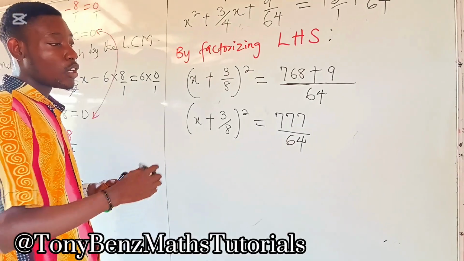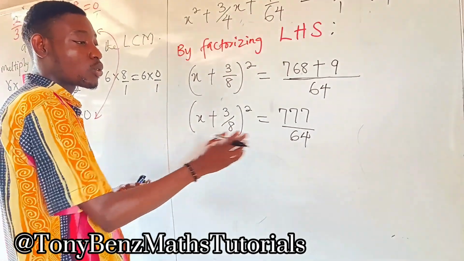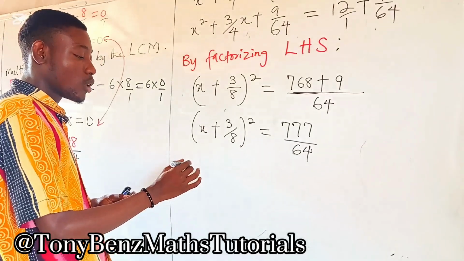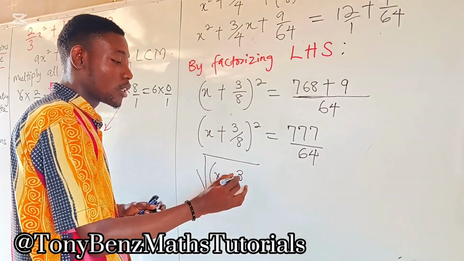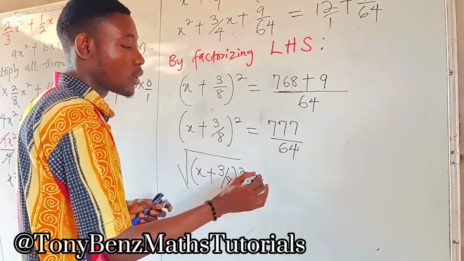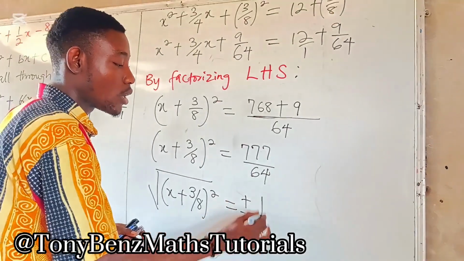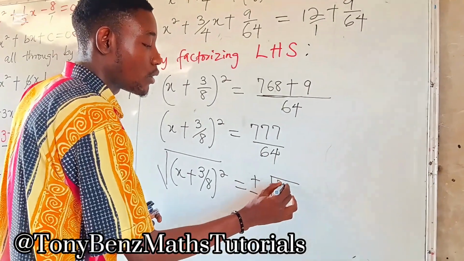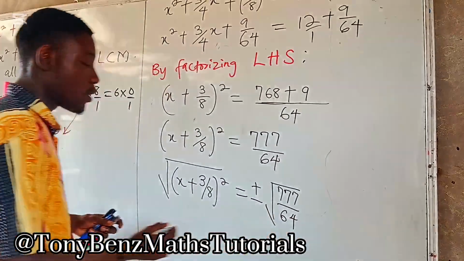Are you following? So what are we going to do? We take the square root of both sides. Taking the square root of both sides, we have the square root of x plus 3 over 8 squared is equal to, now we introduce the plus or minus, plus or minus square root of 777 over 64.